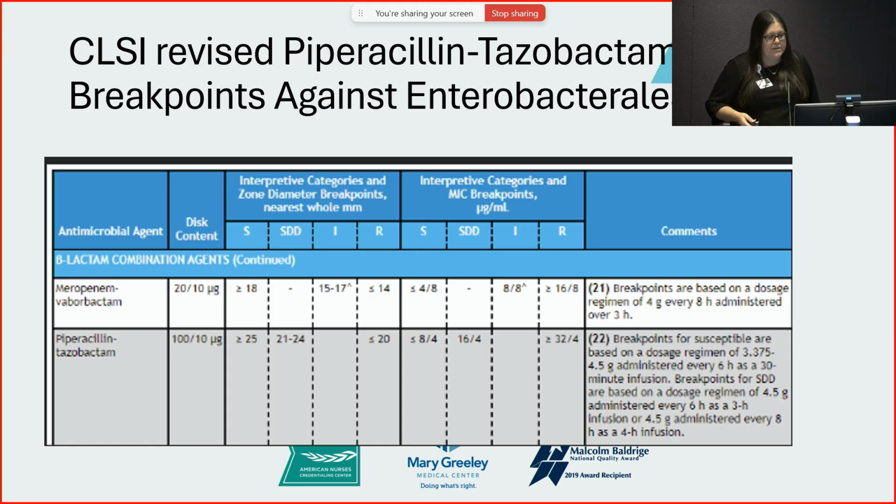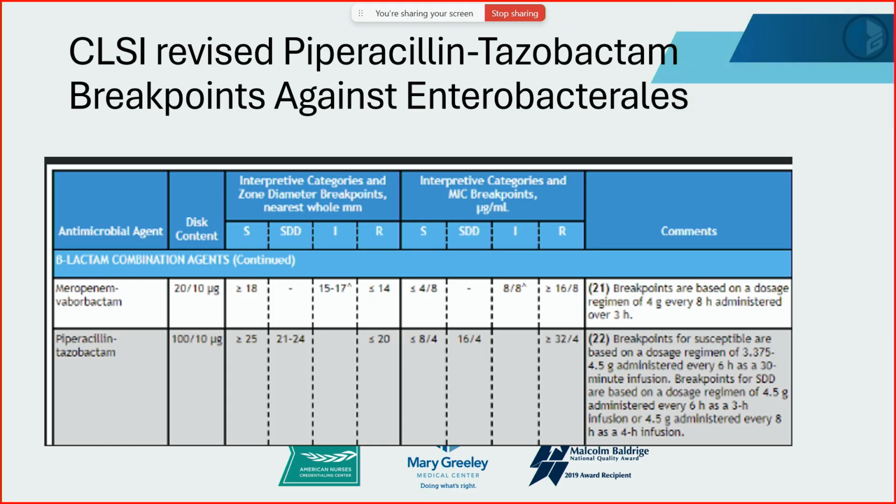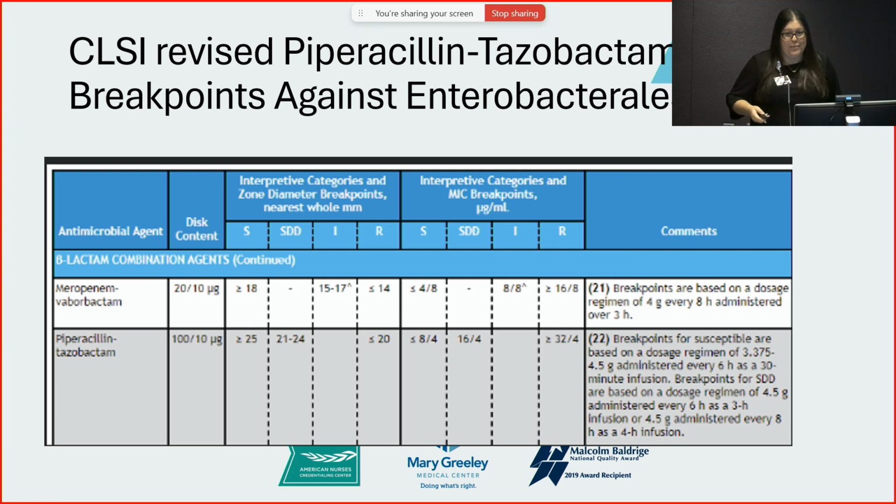Another piece that's pretty complicated is interpreting the sensitivities of the culture results. Breakpoints are kind of hard to interpret. If you got a culture back saying it's sensitive or resistant to piperacillin-tazobactam, you should just say sensitive or resistant, and sometimes it'll say intermediate.